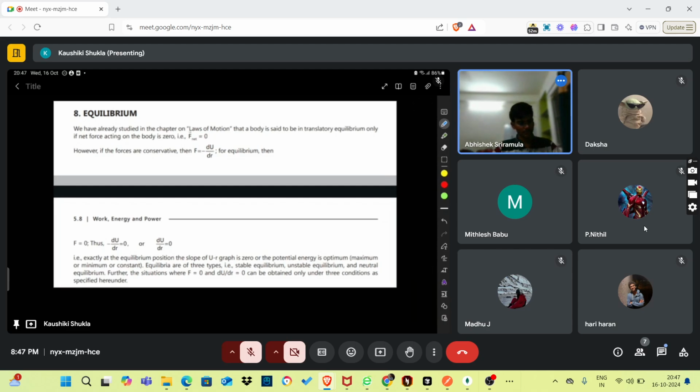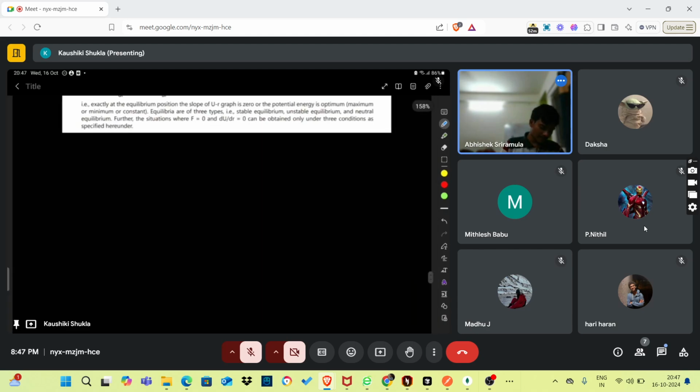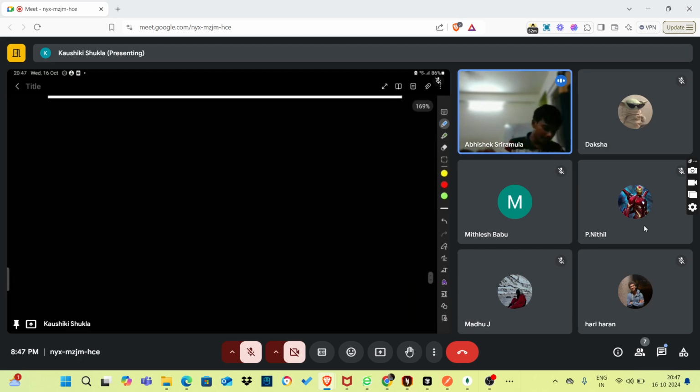Okay, so equilibrium, let me tell you, there are three types of equilibrium. One is stable equilibrium. For example, you have a body like this. You have a block like this.